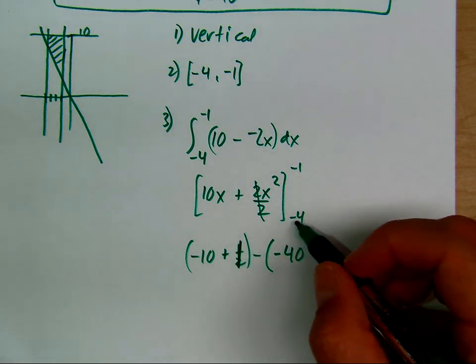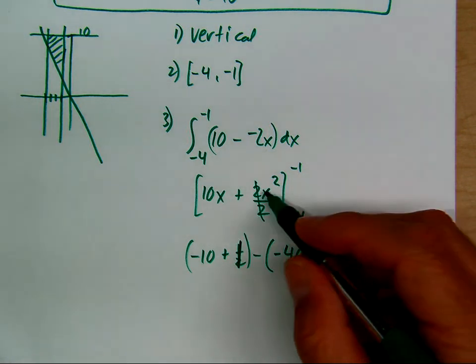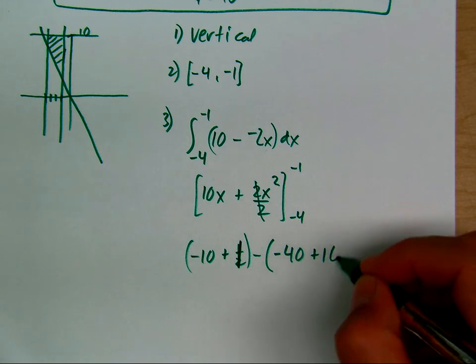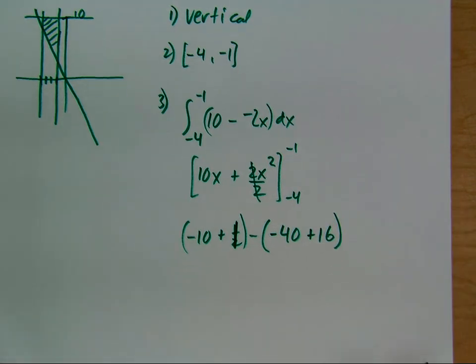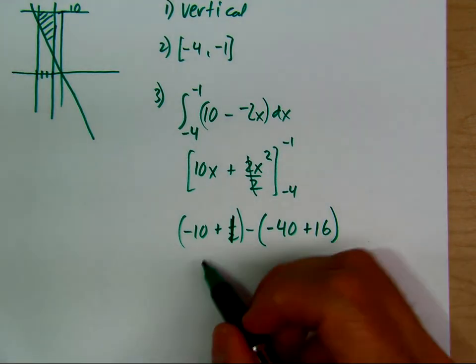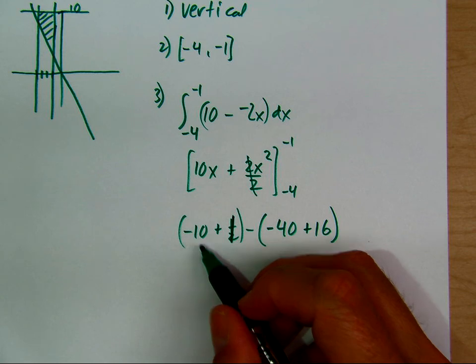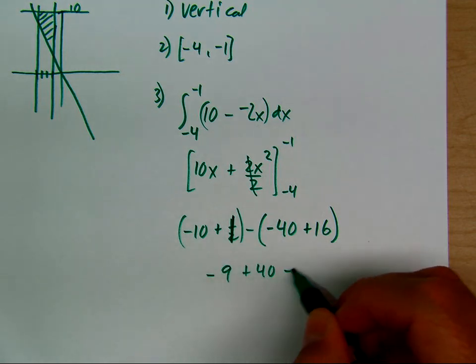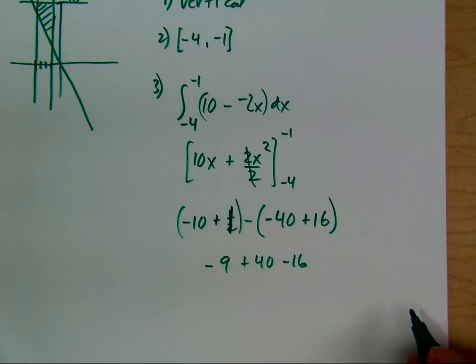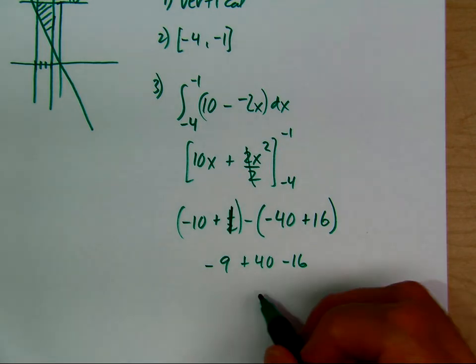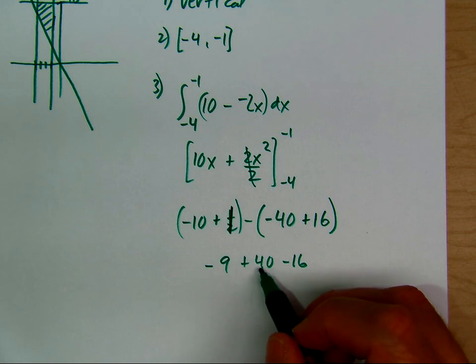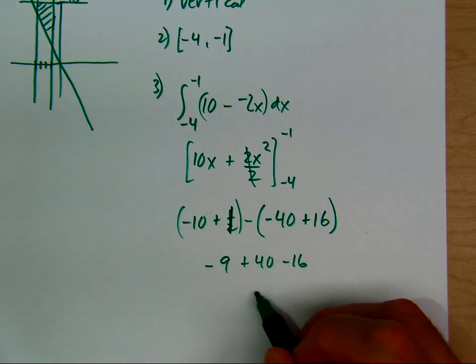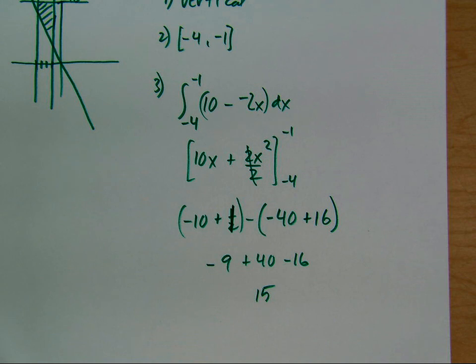Put in negative 4, we get negative 40. That's a 16. So negative 10 plus 1, negative 9 plus 40 minus 16. And that will be 15, because we'll get 31 minus 16 is 15. And we'll stop there.